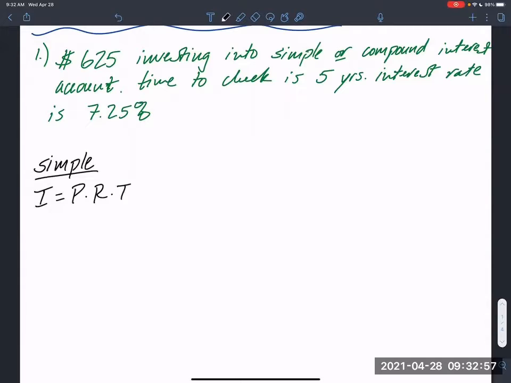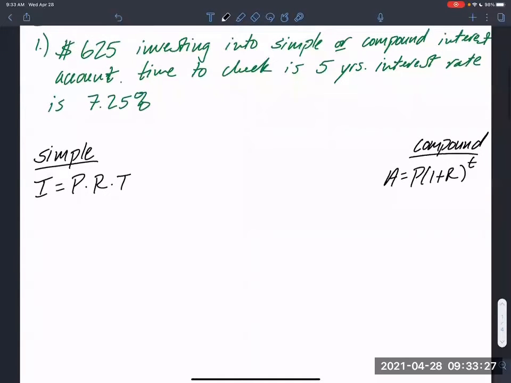And then on the other side, let's do compound. And our compound interest formula is A equals principal times 1 plus rate to the time power. Okay? So we have 2 formulas here.